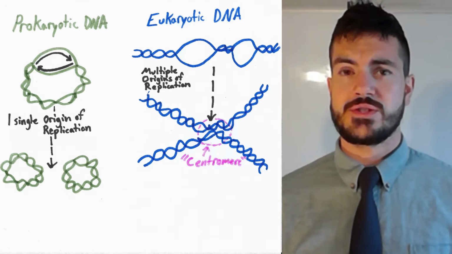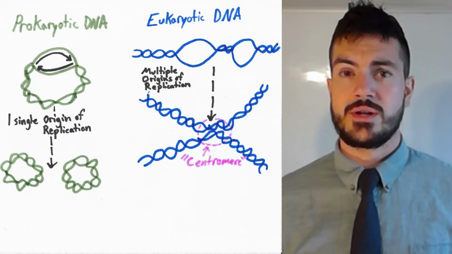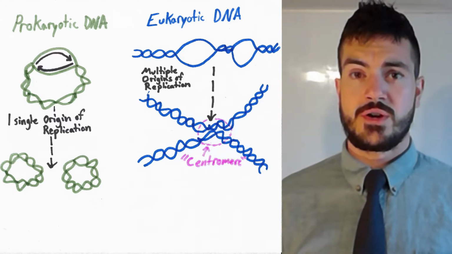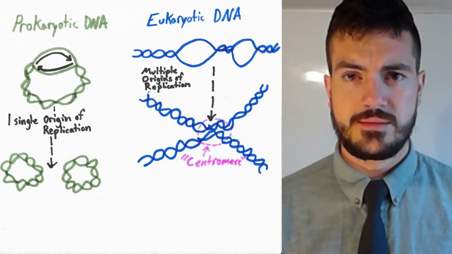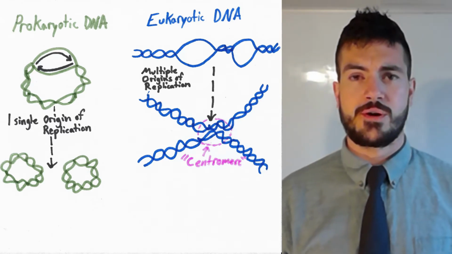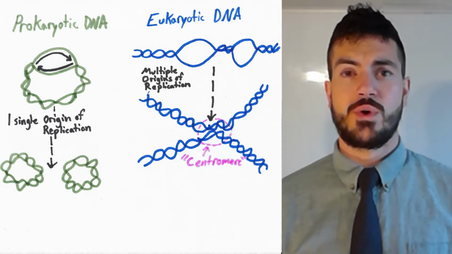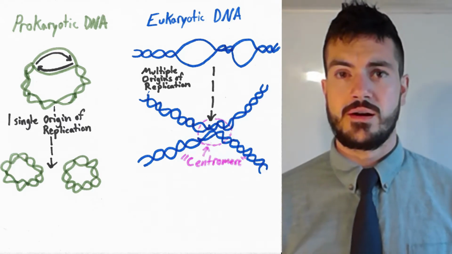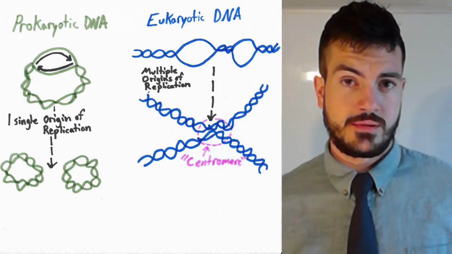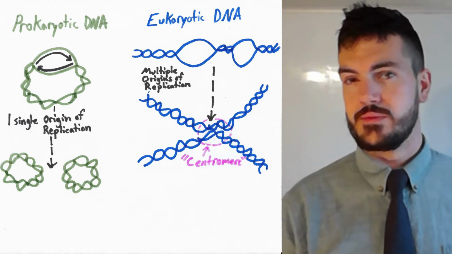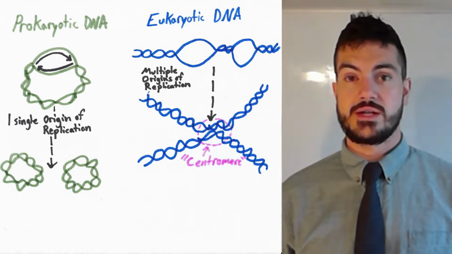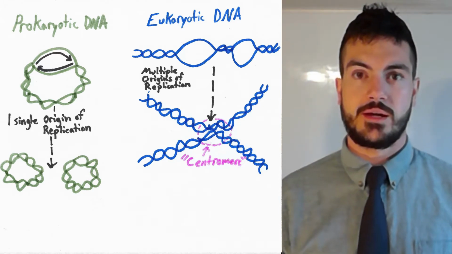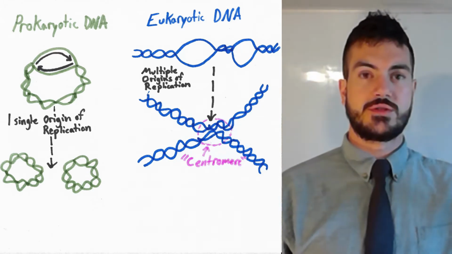Now, we have to understand that bacteria, to start off, have circular stranded DNA. Therefore, they only have one site of the origin of replication. Whereas when we have human DNA, there's multiple origins of replication in human DNA that occur along the strand.